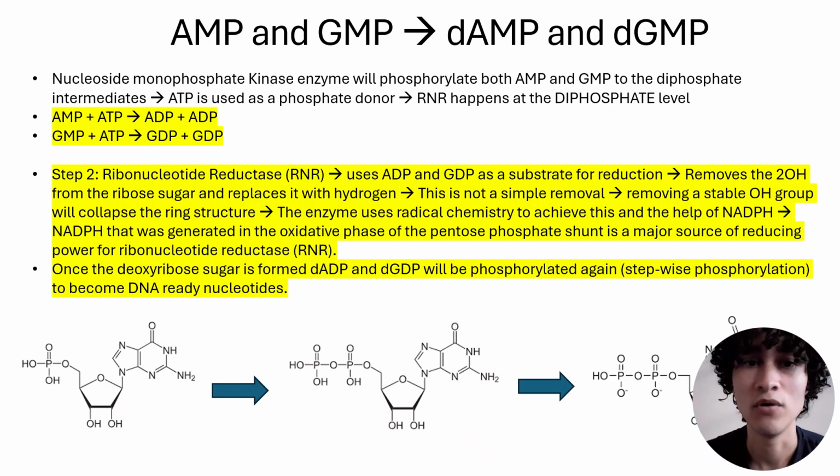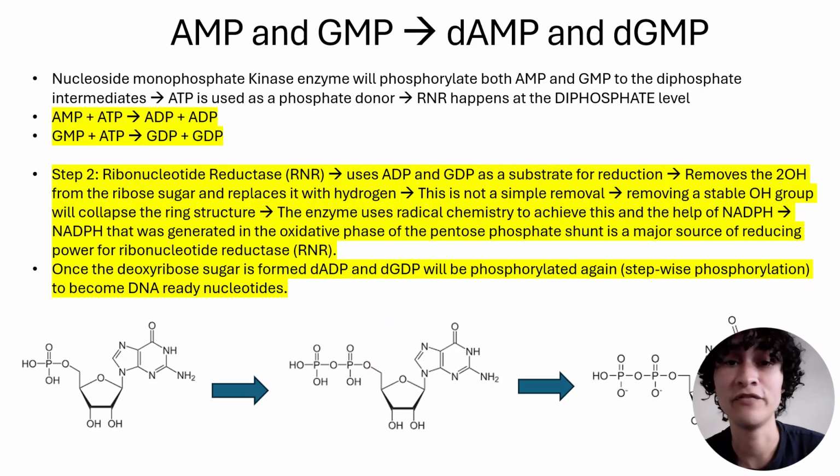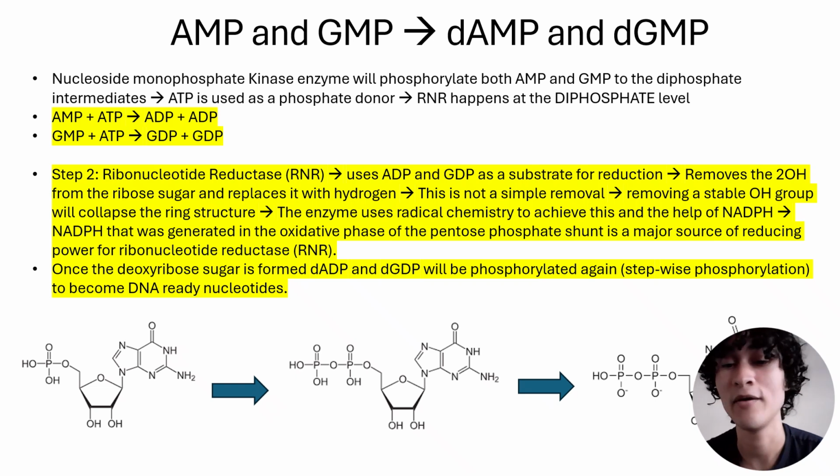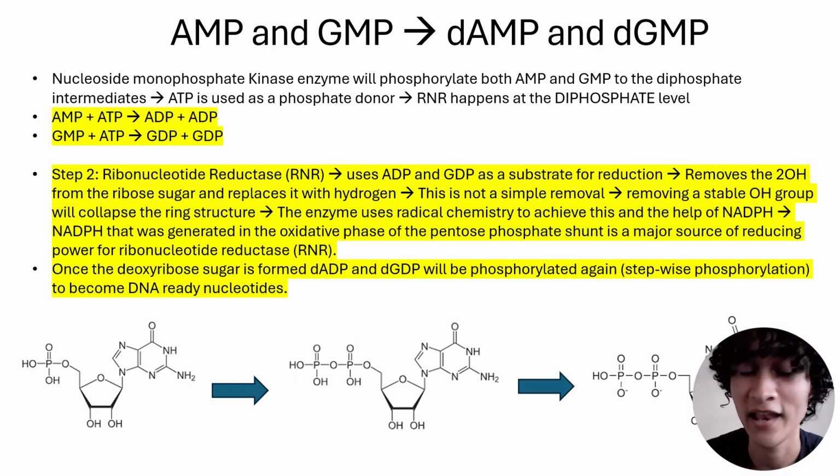So as I said before, our adenosine monophosphate and our guanosine monophosphate will need to undergo stepwise phosphorylation before they can become deoxyadenosine monophosphate or deoxyguanosine monophosphate. Now, this stepwise phosphorylation is a readily reversible reaction, because for homeostasis purposes, we cannot get a build-up of any of these molecules because it will be toxic to the cells.